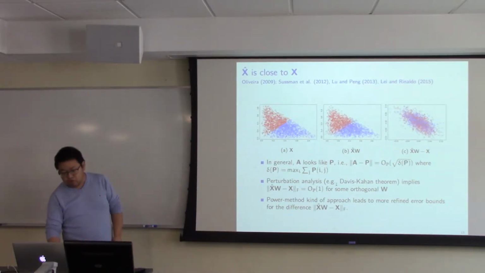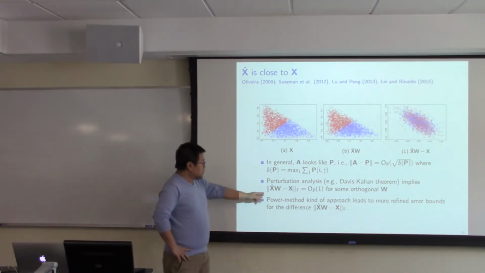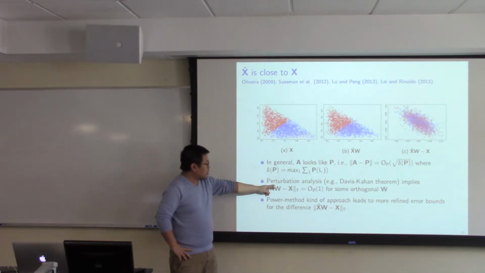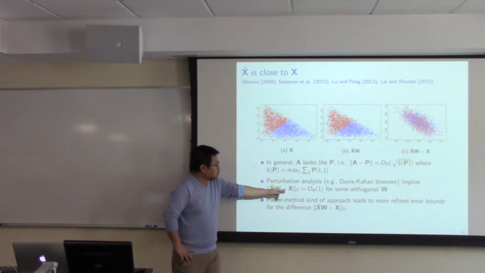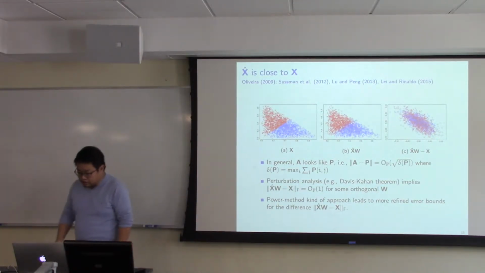And so you can show by some classical perturbation results in the Davis-Kahan theory that if you look at the spectral embedding X hat of our original matrix A, it should be close in the Frobenius norm to the matrix X, which is our original latent positions. So let's go back here.